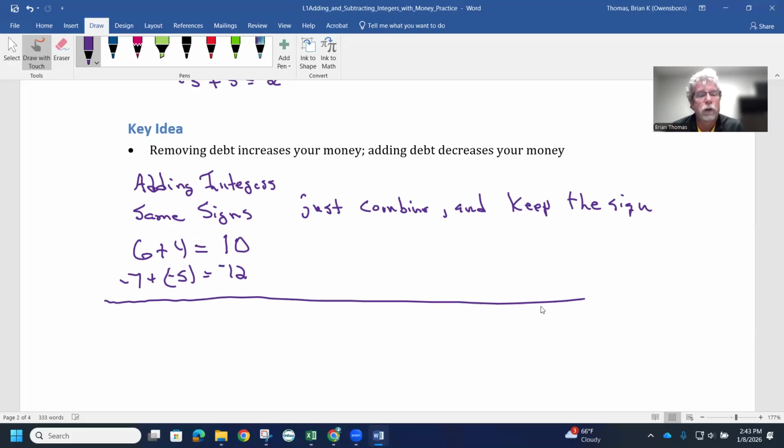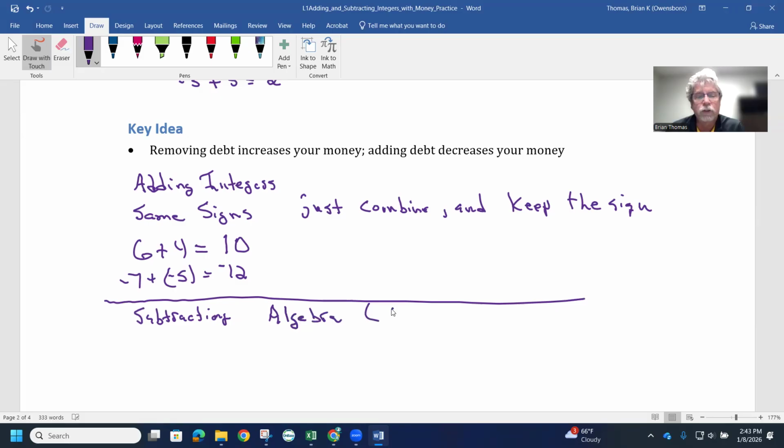Now, when it comes to subtraction, you have a couple ways of thinking. In algebra, we like to see it as addition.